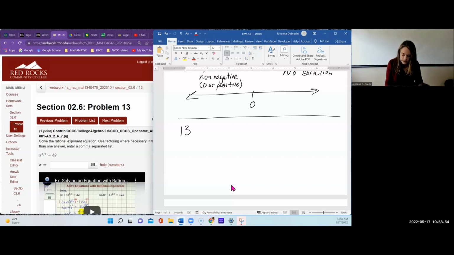Looking at problem 13, we have x to the 5/6 power equal to 32. What does that mean? When we look at a fractional exponent, let's break it down into the two parts that it consists of. There's a numerator and there's a denominator. The numerator is on top, denominator is on bottom.